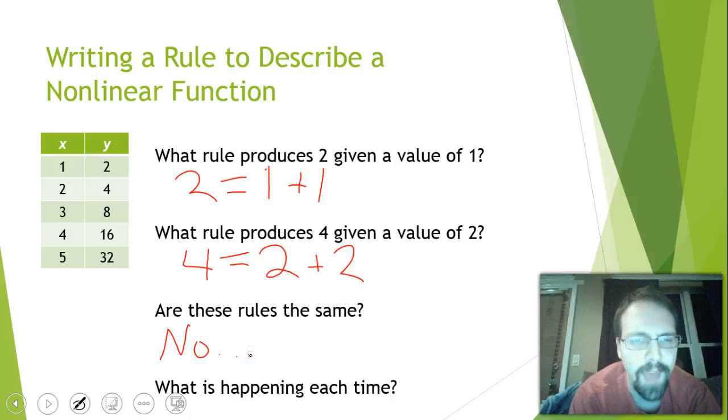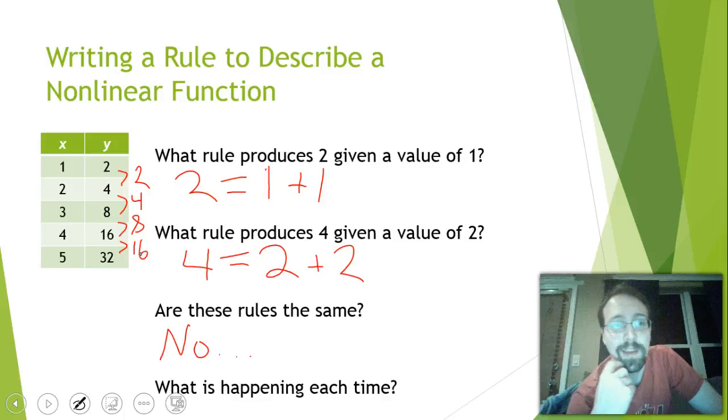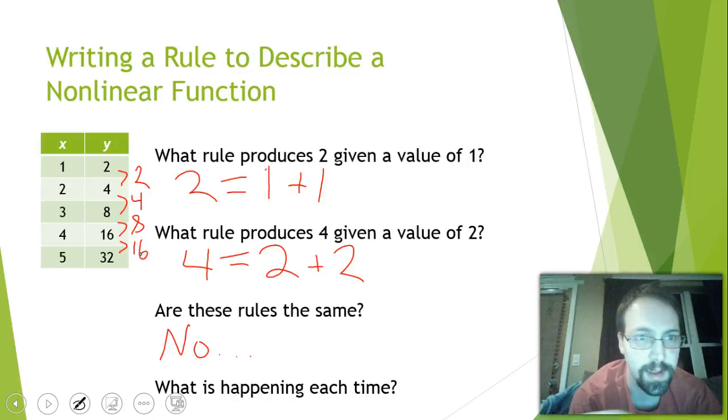Bummer. What's happening each time? Well, it looks like it's going from 2, 4, 8, 16. Oh, it's actually doubling each time. It's going up by 2 and then 4 and then 8 and 16 and 32. So it looks like it's going up by another 2 each time.